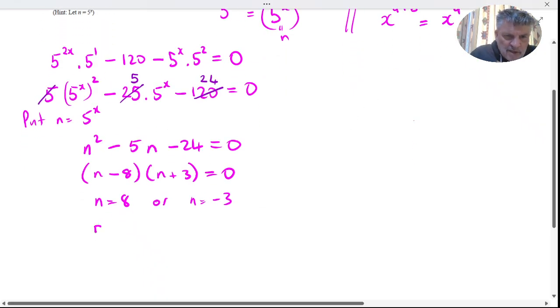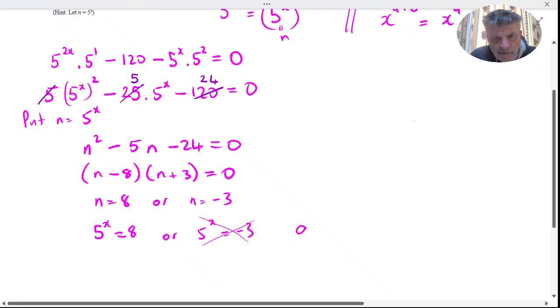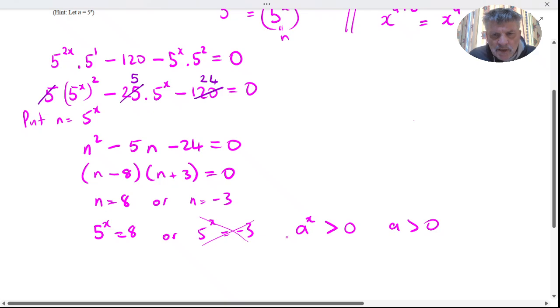But remember, n is 5 to the power of x, so 5 to the power of x equals 8, or 5 to the power of x equals negative 3. This one's not possible. Any exponential, so if you have any number a to the power of x, this is always greater than 0, provided a is bigger than 0.